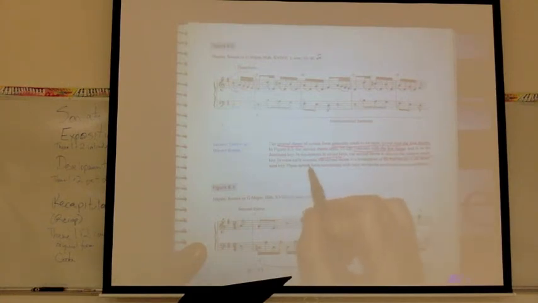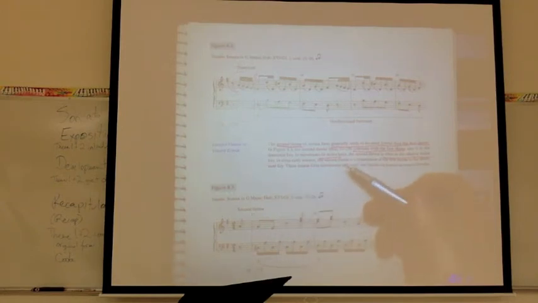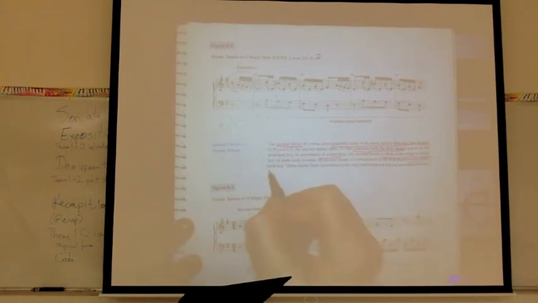And in some early sonatas, the second theme is a restatement of the first theme. So if you're looking at a really early classical sonata, you may just see one theme. And then the second theme is going to just be a restatement of the first theme in a dominant key. All right? That's the key, though, the dominant key.